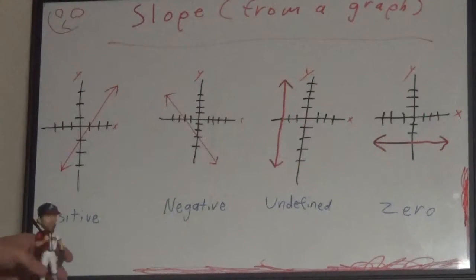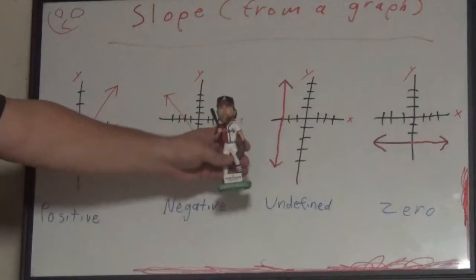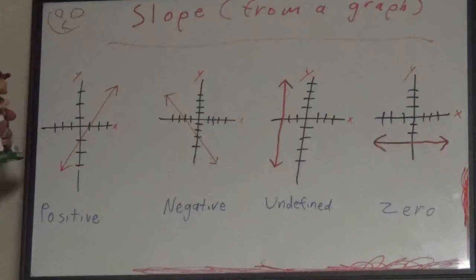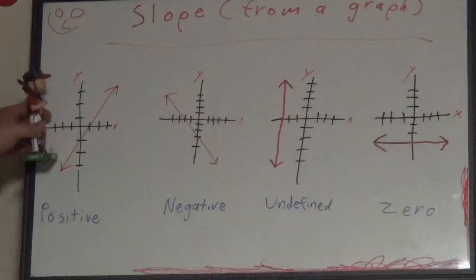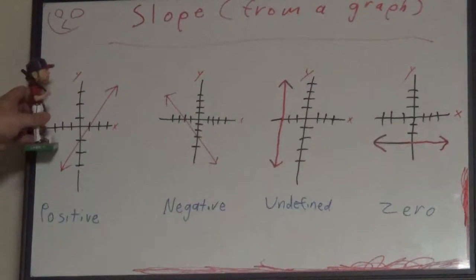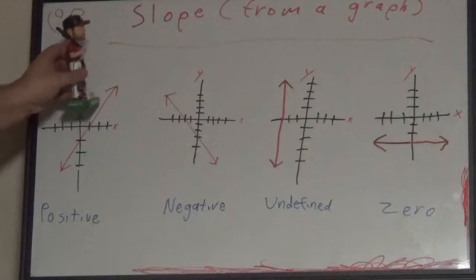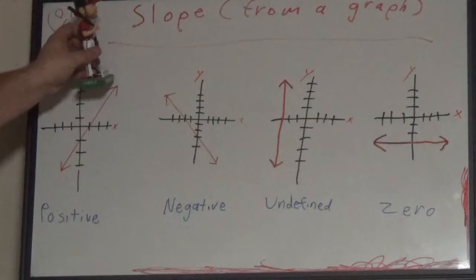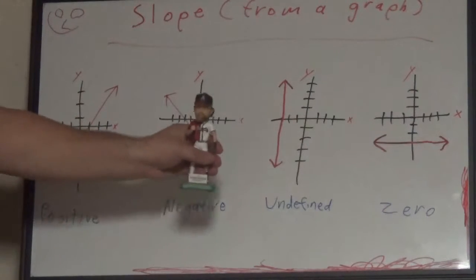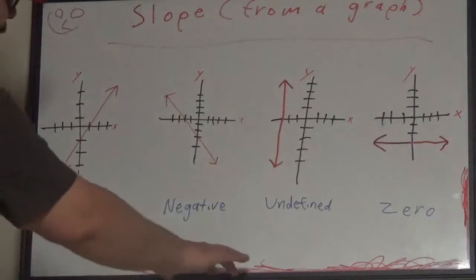So let's say that this fella here, Swamberson, is walking left to right. He comes through the line, and now he goes up. What type of slope goes up? Positive. Is it positive? He agrees. Well, his bat fell.